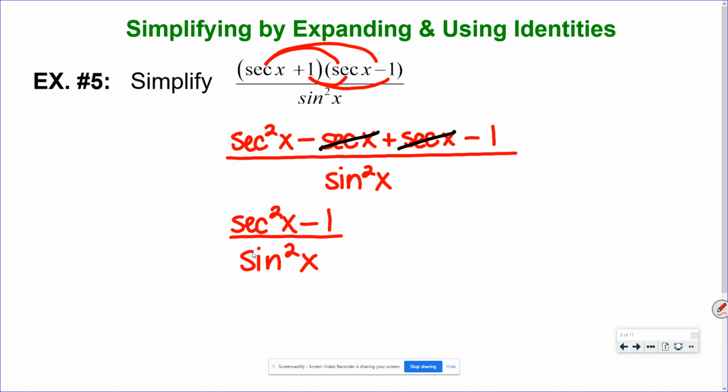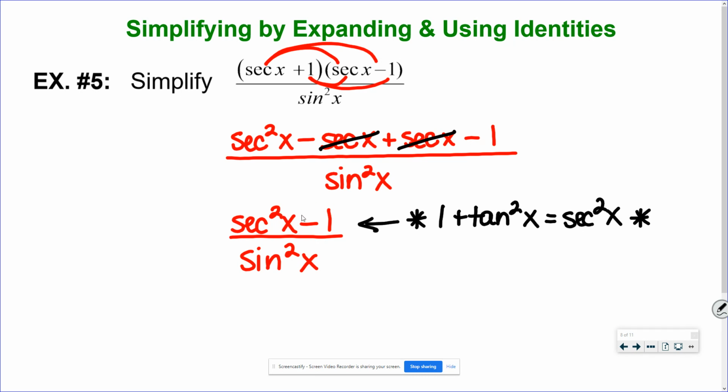Okay, now I have 2 options at this point. I could decompose this fraction like we did in the last video, or I could use a Pythagorean identity. You can flip back to your notes if you would like, but there's a Pythagorean identity that says 1 plus tangent squared is equal to secant squared. Now that's not exactly what I have going on right here, but I could rearrange it.